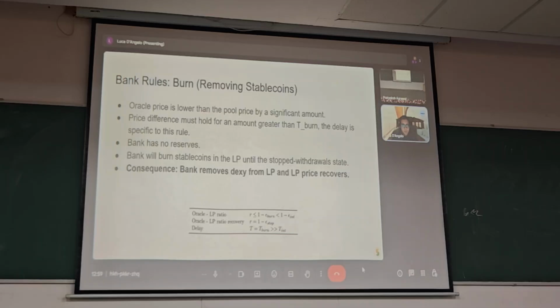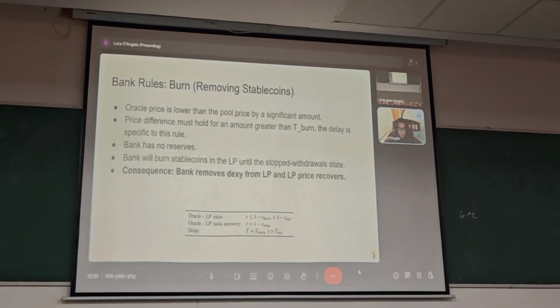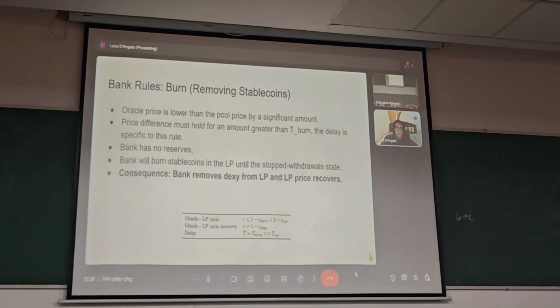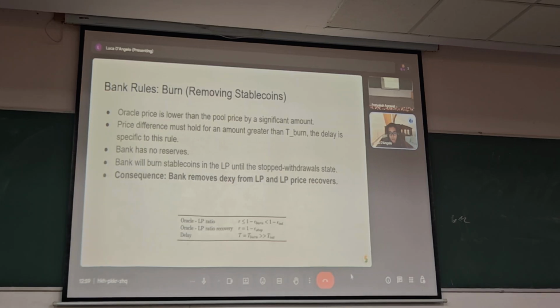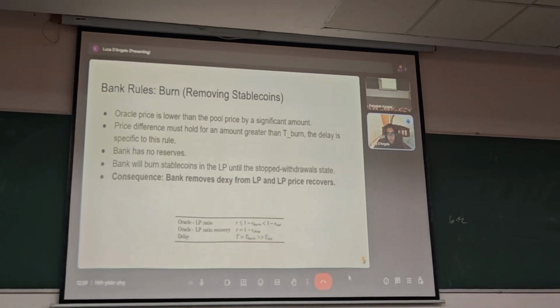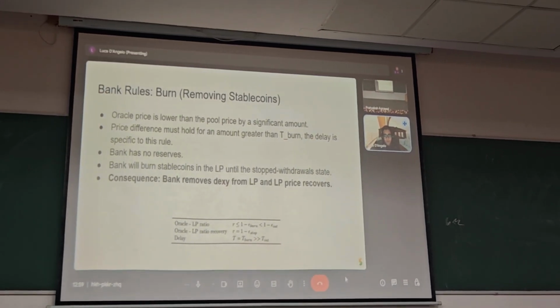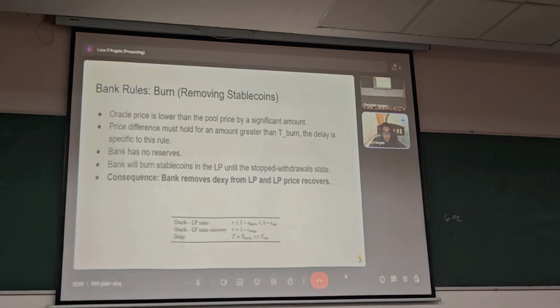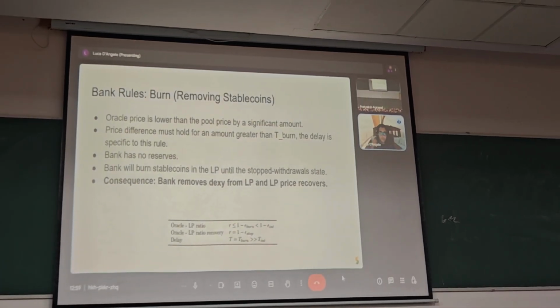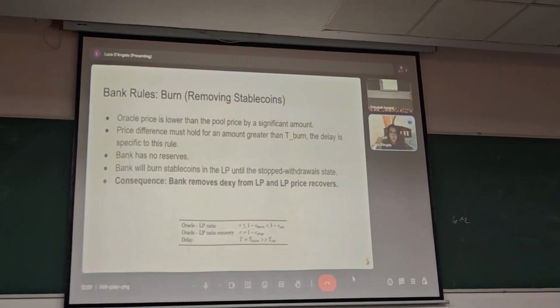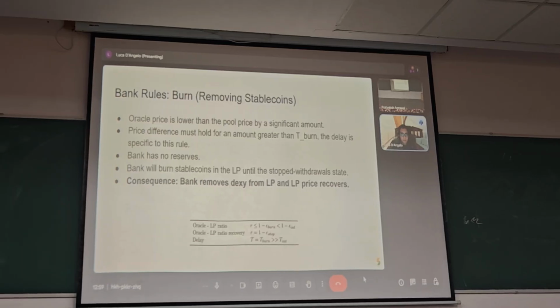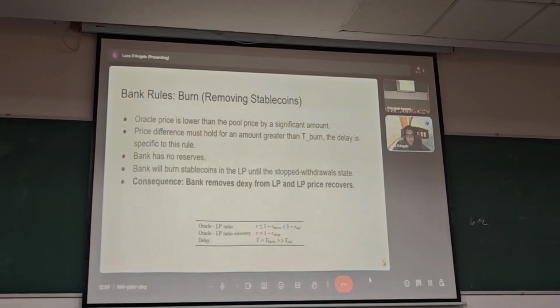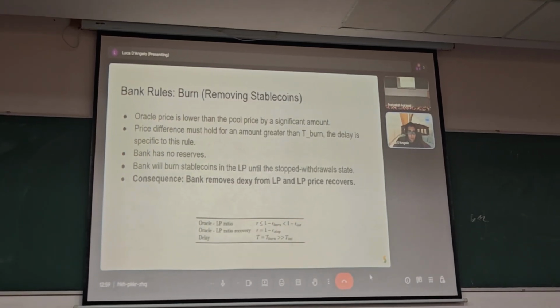So in the table, we see that you want the R to be less than the intervention R. You can think of the first line of defense as the intervention of the bank, and then if it keeps depegging, the last resort is this burn.